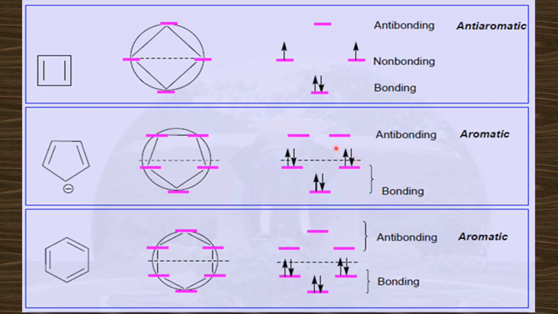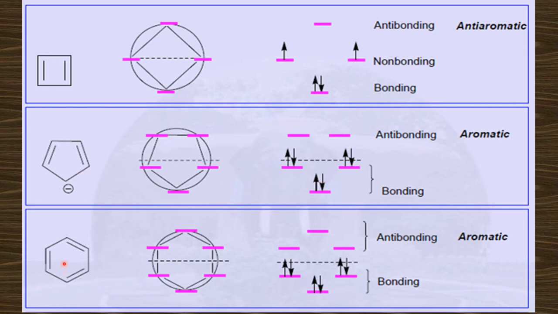Now all the 6 electrons are distributed in the bonding pi molecular orbitals itself. Therefore, all the bonding pi molecular orbitals are completely filled, and hence this system is extraordinarily stable, and we call this system an aromatic system. Therefore, cyclopentadienyl anion is aromatic.